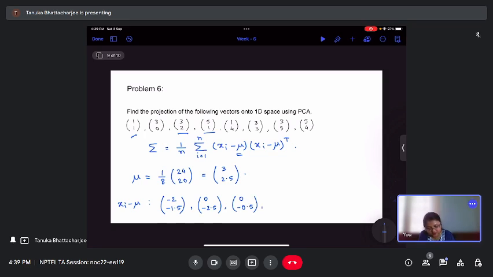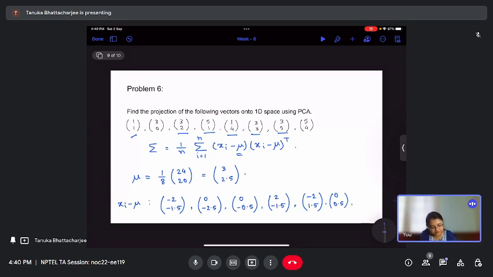Then (5, 1), so you get 2 and minus 1.5. Then (1, 4), so you get minus 2 and 1.5. Then (3, 3) gives you 0 and 0.5.